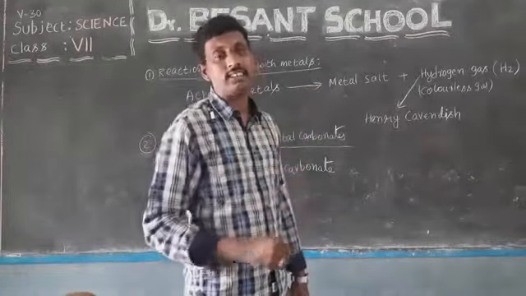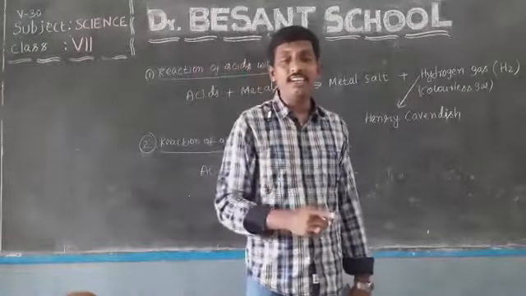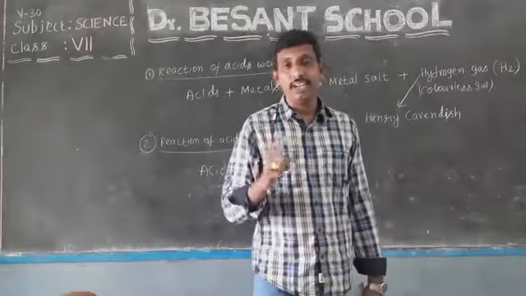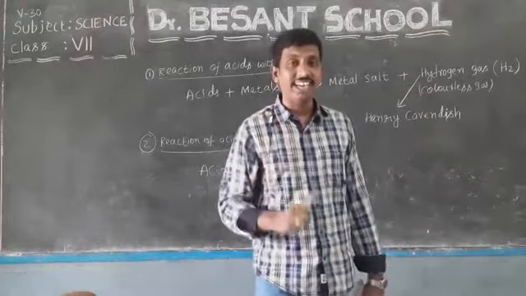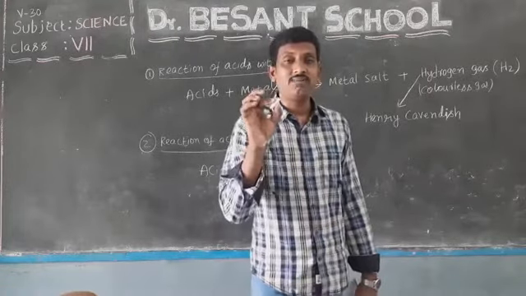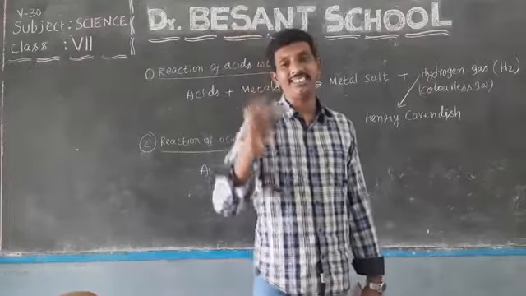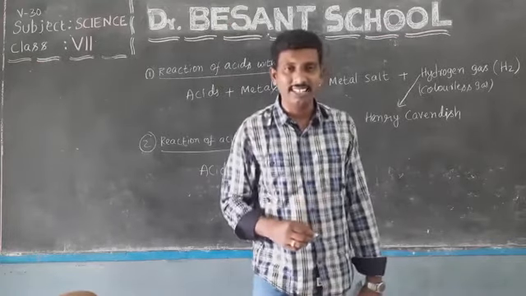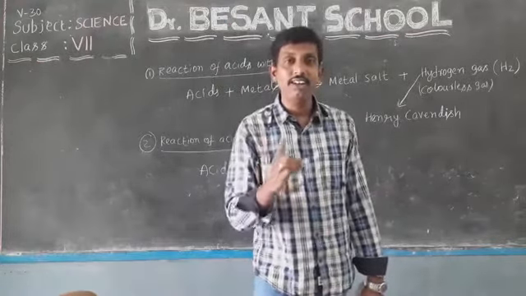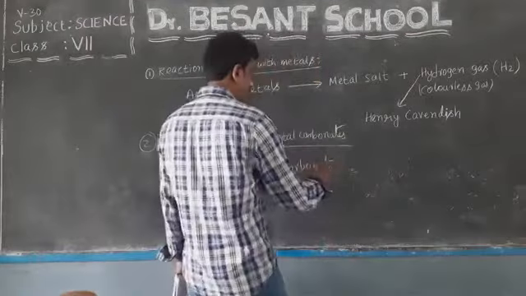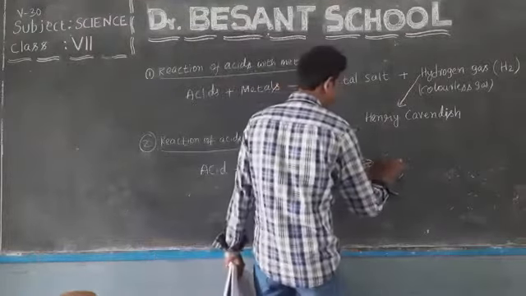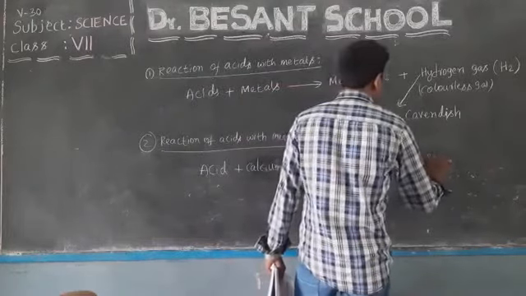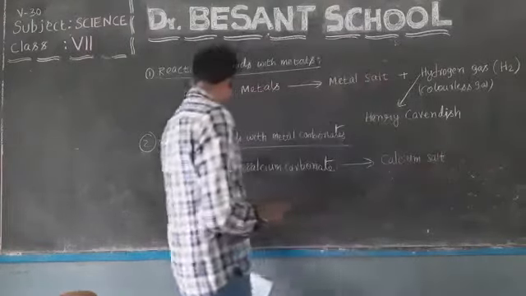That means a chemical reaction takes place, and here a gas is evolved or liberated, and this gas puts off the burning matchstick. What is that gas? Yes, carbon dioxide. Here you will get a salt of calcium.